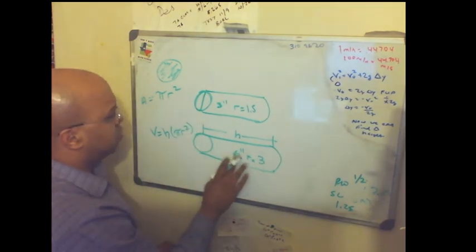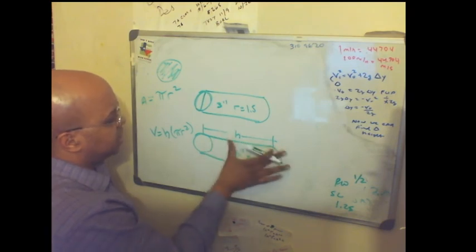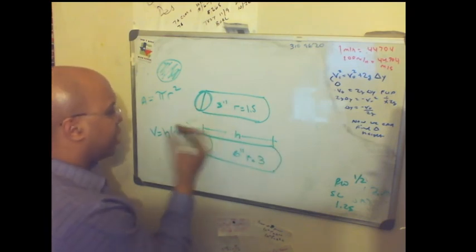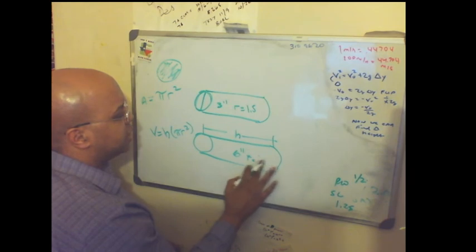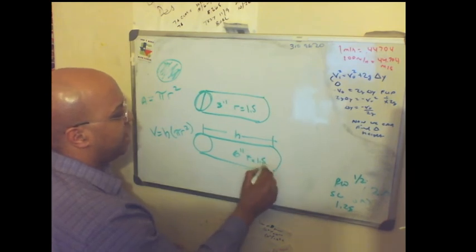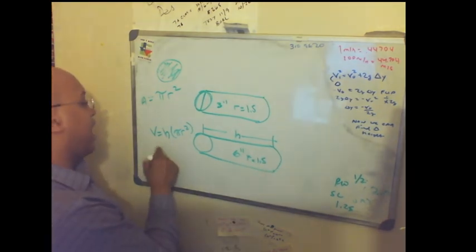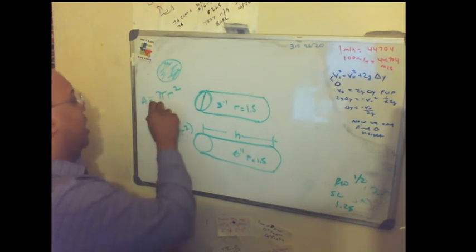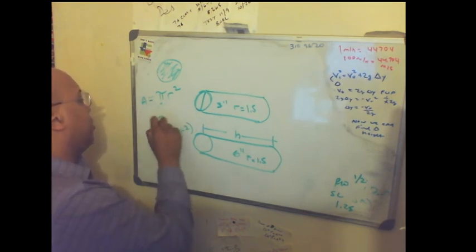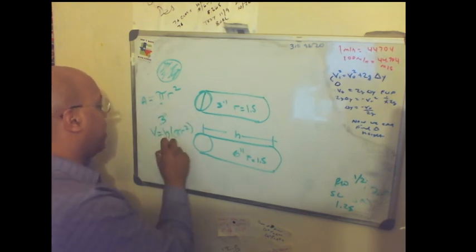Actually, no, they're both 3 in diameter. This one is just 6 inches long and this one is 3 inches long, I'm sorry, the shorter pipe. So the radius is 1.5 in both. The thing is, when we add the height, this is going to be 6, and the top one is going to be 3 inches in height.